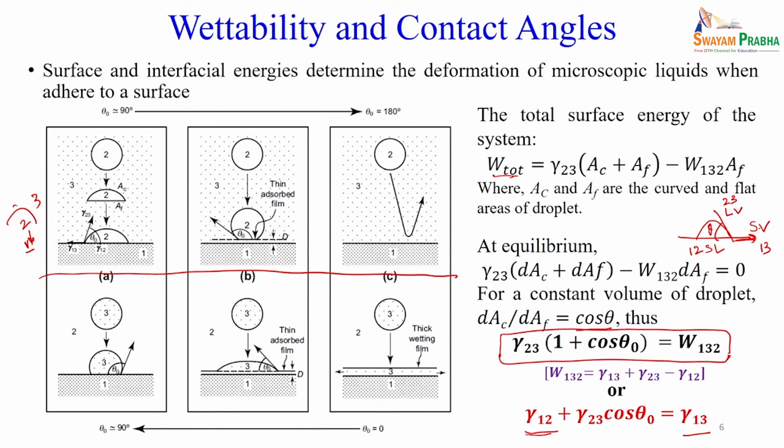Now, next what we are seeing in the bottom figure is the interaction between 1 and 3, surrounded by 2. Here it was interaction between 1 and 2 surrounded by the medium 3. Now, we are replacing, you can say exchanging, 2 with 3.